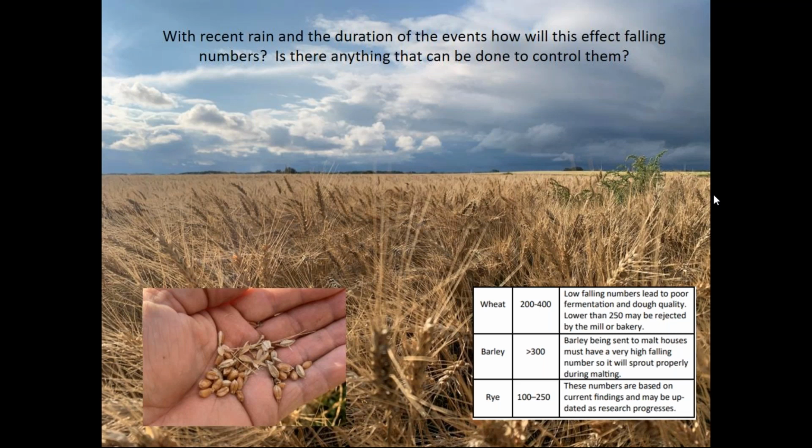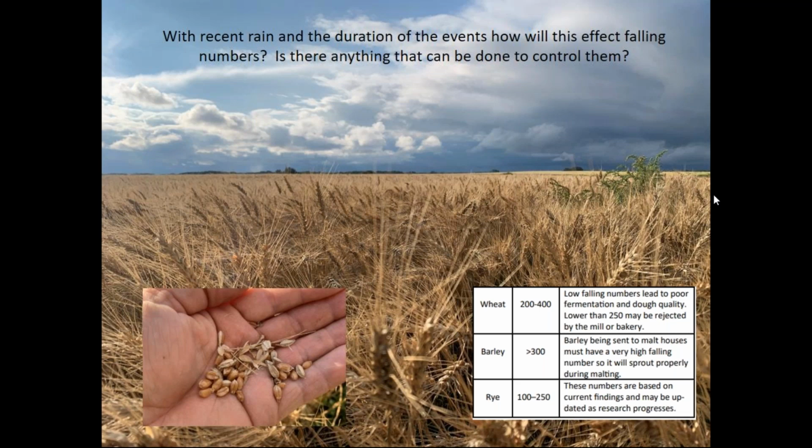So bread quality won't be as good. The bakers need that enzyme in their flour to break down the starch in the baking process. If it starts while it's still in the seed head, then there's none of that left for when the bakers want to break down starch.